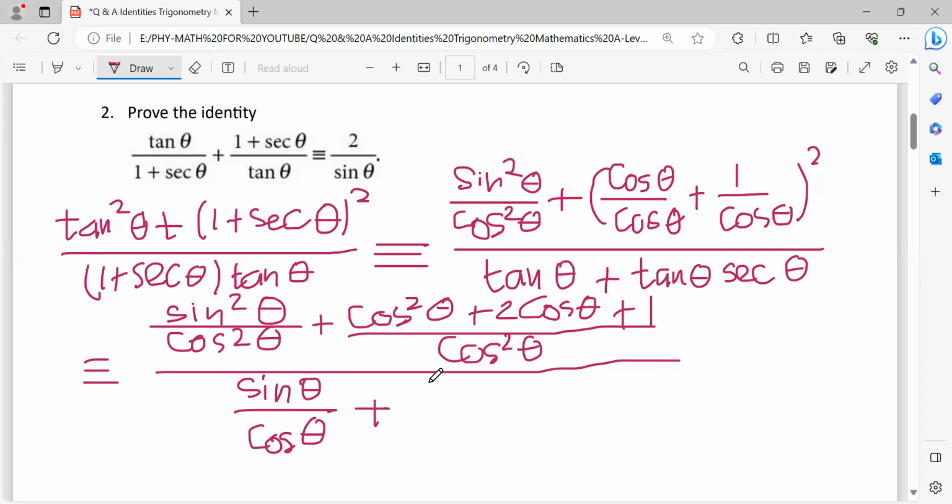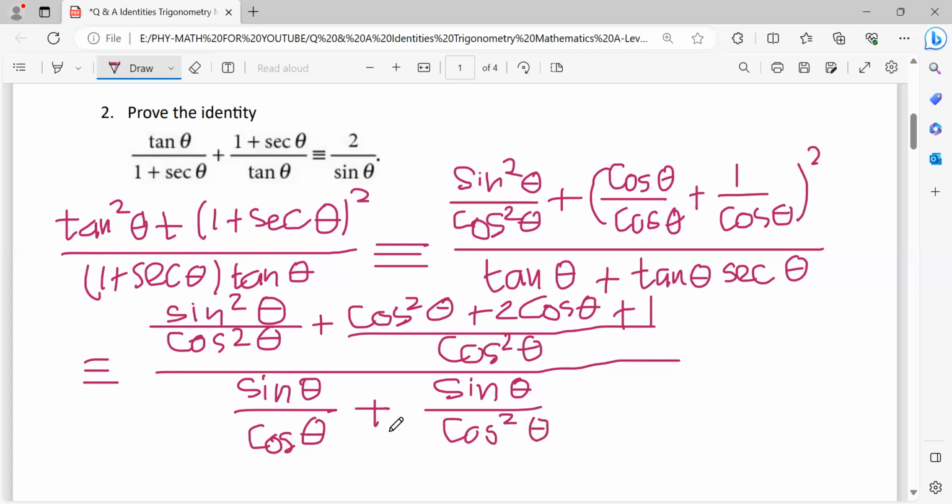So if you multiply, it becomes sine theta over cosine squared theta, because cosine times cosine.